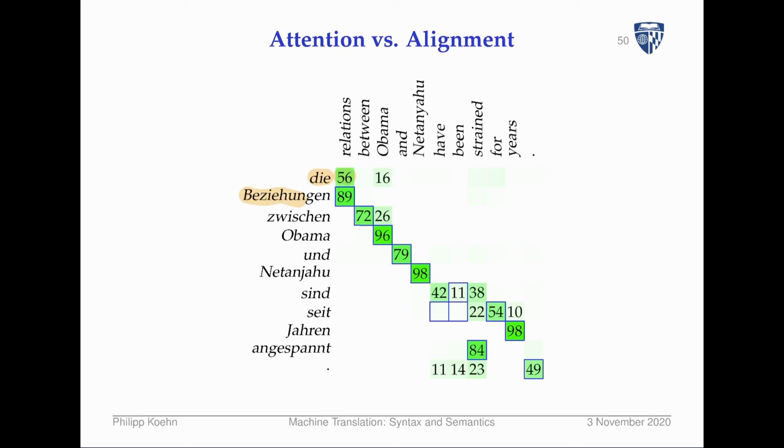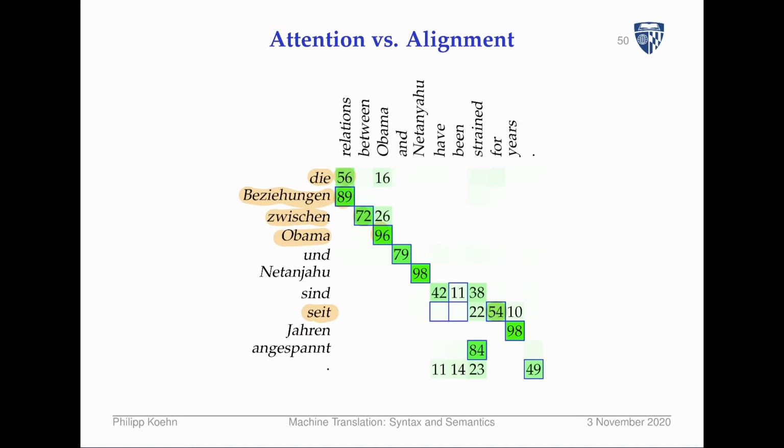Then you have Beziehungen, which means relations, and the attention mechanism reveals that pretty clearly. Then you have Zwischen, that's for between, Obama, and so on. For some of these words, the attention mechanism is a bit fuzzy. So you have here seit, which means for 4 years, and so on.